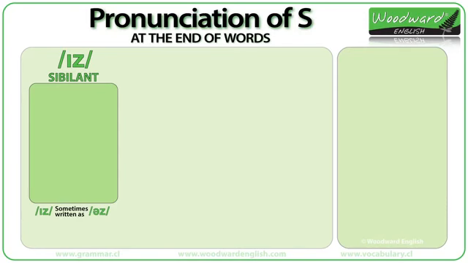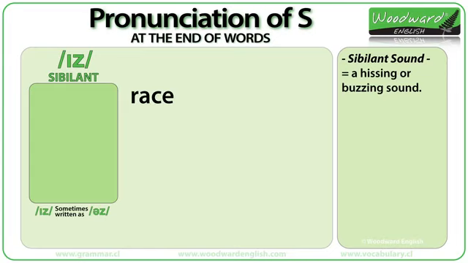The first group is of words that end in a sibilant sound. A sibilant sound is a hissing or buzzing sound. With these words, the final S is pronounced as /ɪz/. This sound is pronounced as an extra syllable. For example, the word race ends in a sibilant sound, a C. Race.